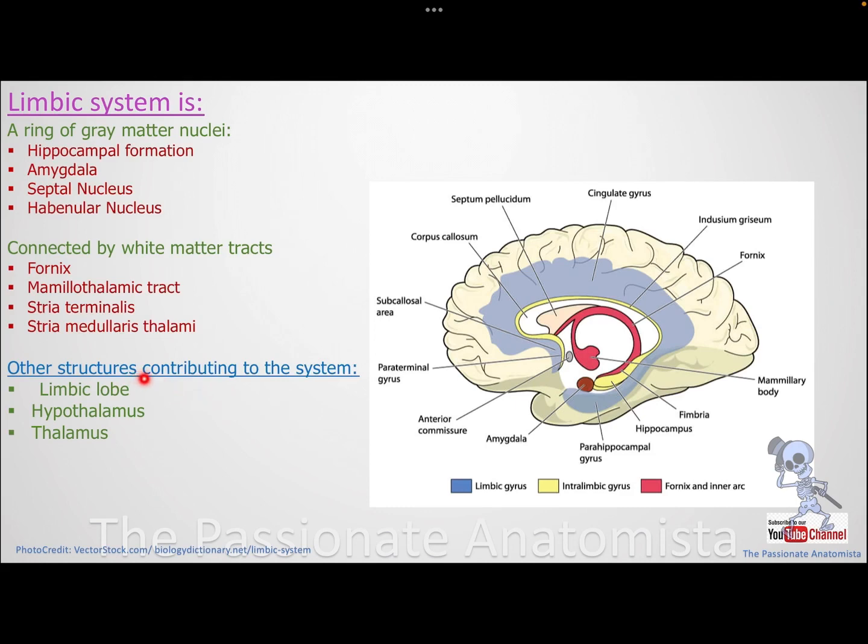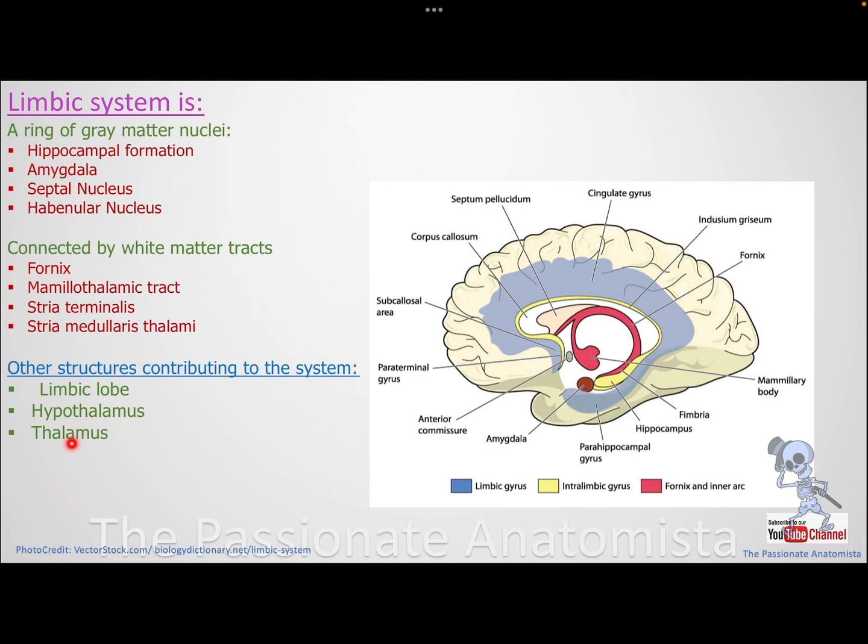What are the other structures that will contribute to the processing of the information? It's going to be something called the limbic loop. It's going to be the hypothalamus. It's going to be the thalamus. These are not parts of your limbic system, but some of their nuclei will participate in the processing of information, because remember guys, eventually you need to take the information, for example, to the hypothalamus to release hormones, all right?